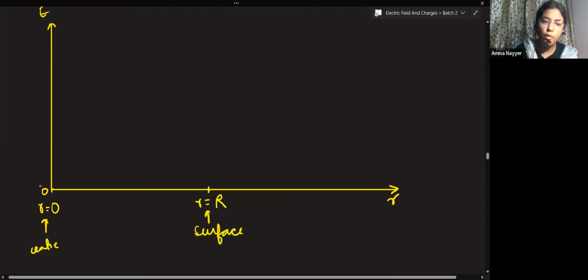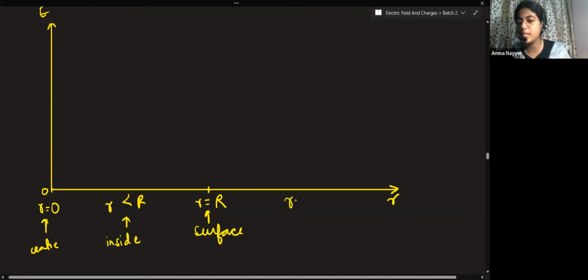Now from the center of the sphere to the surface, if I take any point, that will lie inside. So when your small r is less than capital R, this will show inside. All right. And if I take any point where the Gaussian surface's radius is greater than the sphere's radius, it means the point is lying outside.